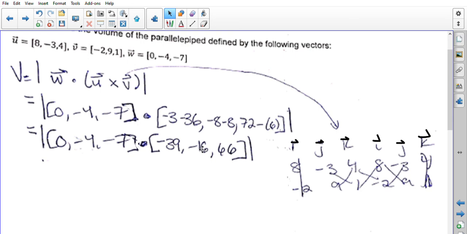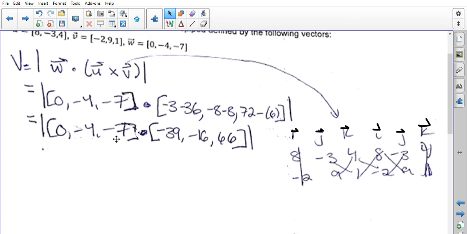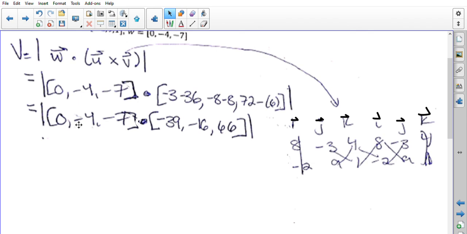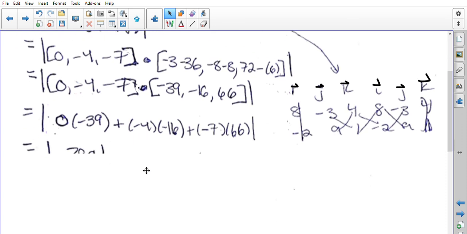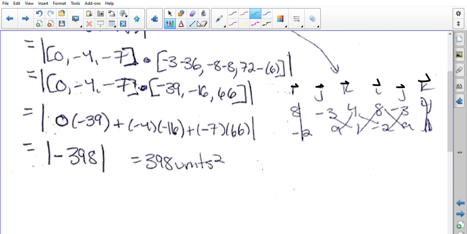When we do the dot product here, we're basically doing area of base times height, which is kind of cool. So let's do our dot product: 0 times negative 39 plus negative 4 times negative 16 plus negative 7 times 66. That gives us negative 398.